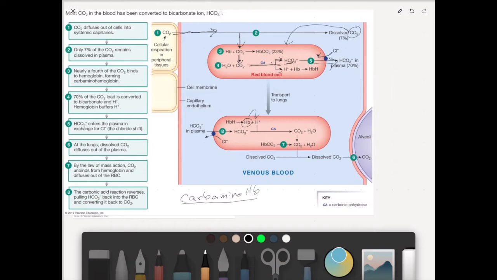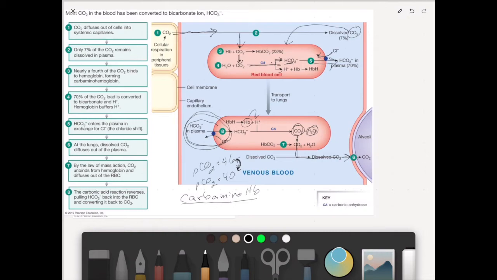Now at the lungs, all of this reverses. Chloride is pumped out, bicarbonate is allowed in, it's turned back into carbon dioxide and water, then carbon dioxide diffuses out because, remember, the PCO2 of venous blood is 46 and the PCO2 of alveolar air is 40, so that's going to facilitate diffusion from the 46 to the 40, so all of that carbon dioxide just flows right out.